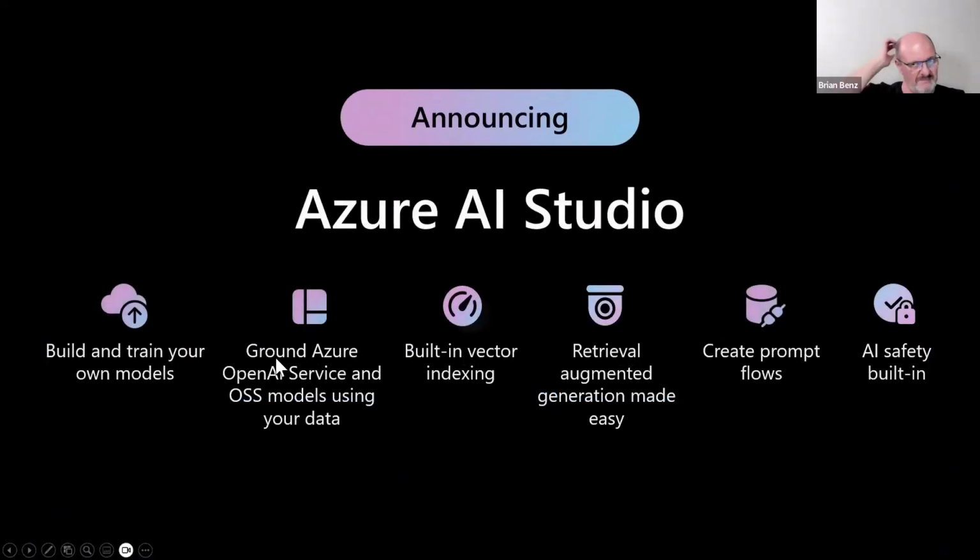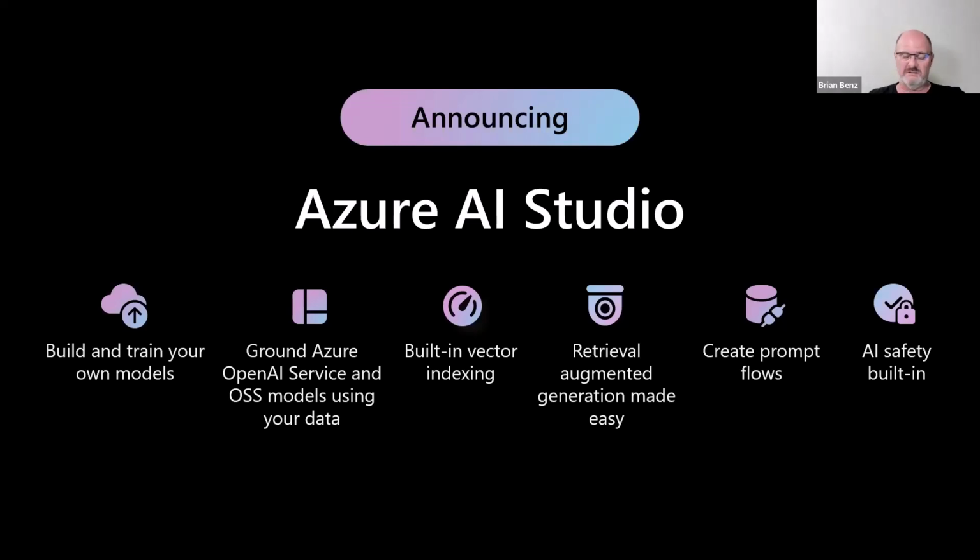Azure AI Studio, I'm going to show you a little bit about this. You can build and train your own models. You can ground Azure. As Jennifer mentioned, grounding means you're creating a data set that is verifiable. And you can ground the OpenAI service, which is accessible through Azure OpenAI APIs, and your open source models using your data. There's vector indexing built in.